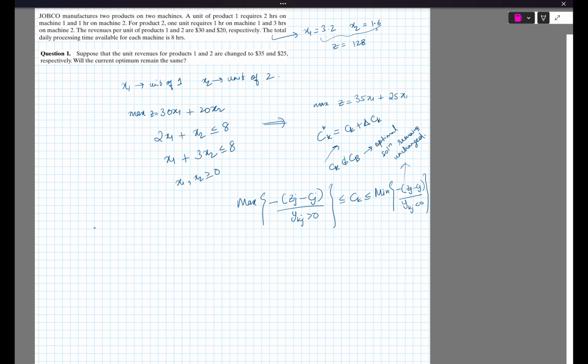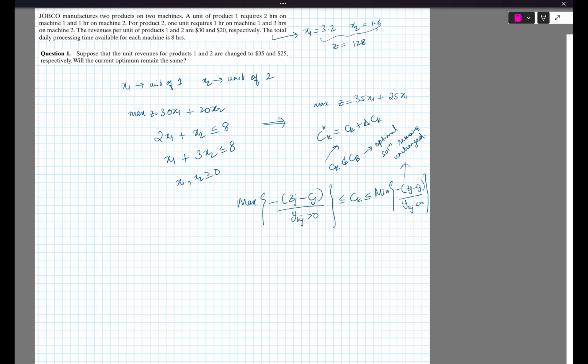So let's compute that. And this Zj minus Cj will be from the table of the earlier objective function or the modified one? This is from the earlier objective function. Earlier, right? Yeah.